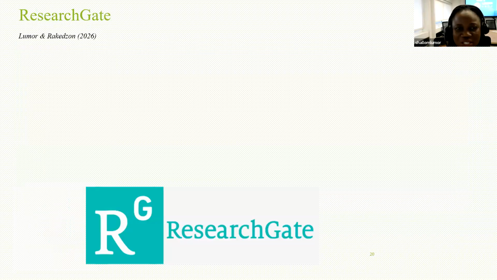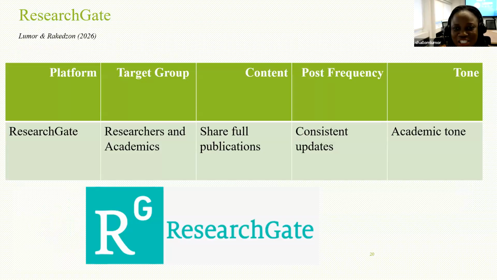Then the last one is ResearchGate. I think we all know ResearchGate, and it is able to automatically pull some of your research out when it's published online. The target group for ResearchGate is only researchers and academics, and you can build collaboration and networking there as well. But if you want to go beyond those in academia, the other platforms you can use are X, LinkedIn, Facebook, and others.